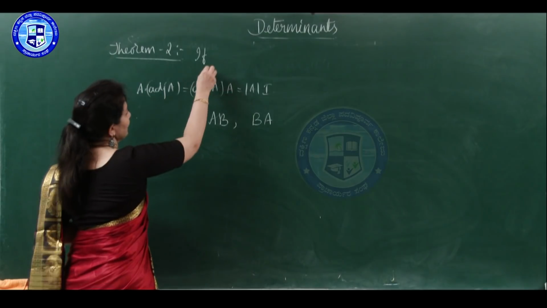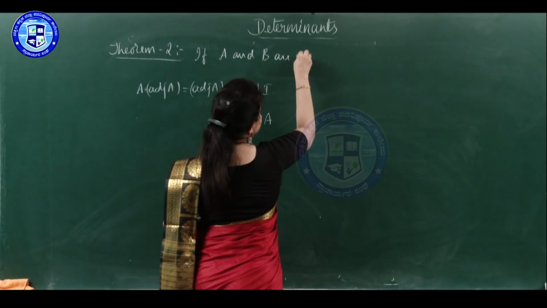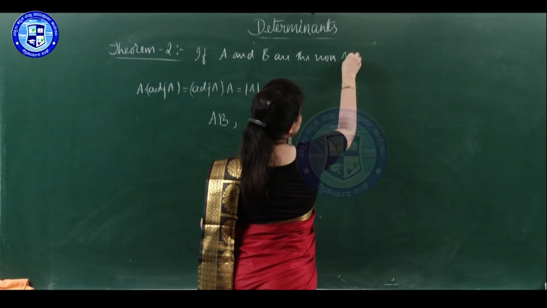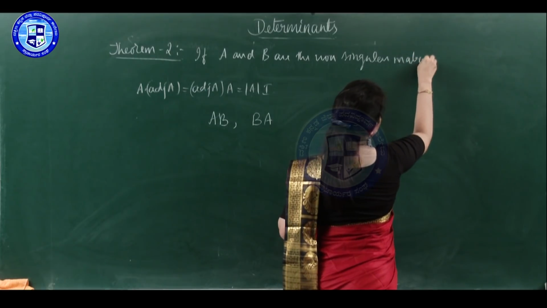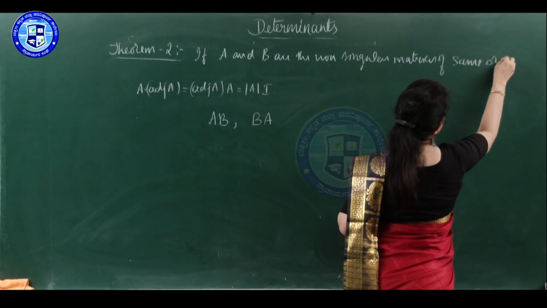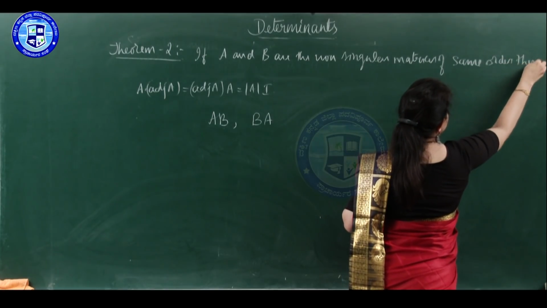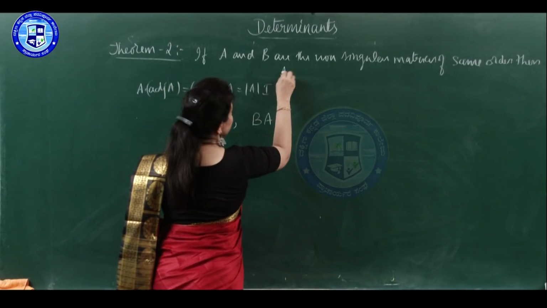Okay. So, if A and B are non-singular matrices of the same order, then we can write A into B is non-singular.